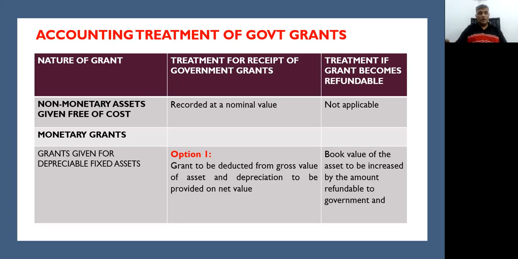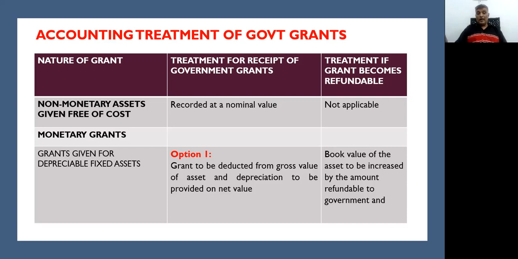Now let's talk about some monetary grants. Grants which are given for depreciable fixed assets. So when you receive a grant from the government in respect of a depreciable fixed asset, let's take a building, right? Let's take a plant and machinery, something like that. Then you've got two options. Option one is to show the grant as a deduction from the gross value of the asset and depreciation to be provided on the net value.